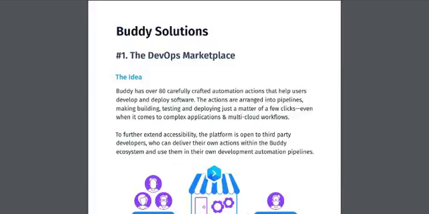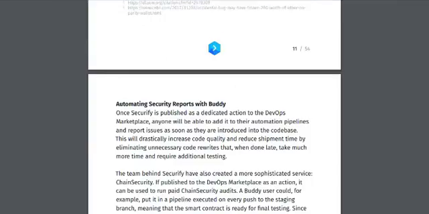That's just the definition of the Buddy marketplace. And the good news is that the Buddy team have already made 80 solutions available, open for access and download, so the marketplace is not empty. It has 80 current standing solutions provided by the Buddy team.